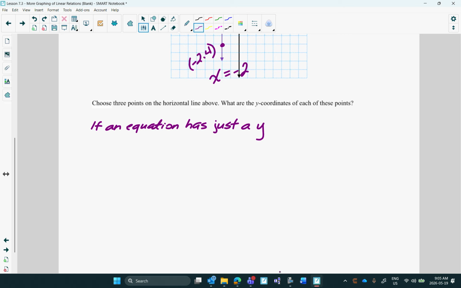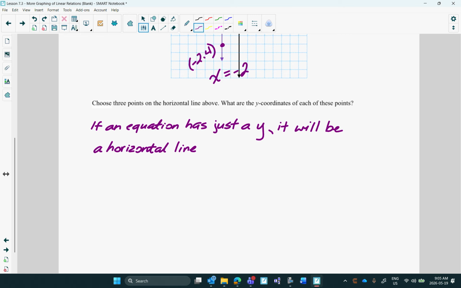But if we have just a Y, it will be a horizontal line. And all we do is find the Y value, whatever the Y equals, and then draw a horizontal line through it. We'll see that in the next example.